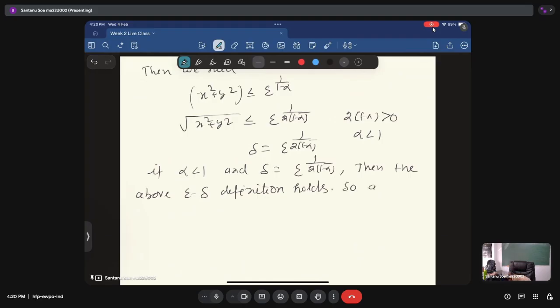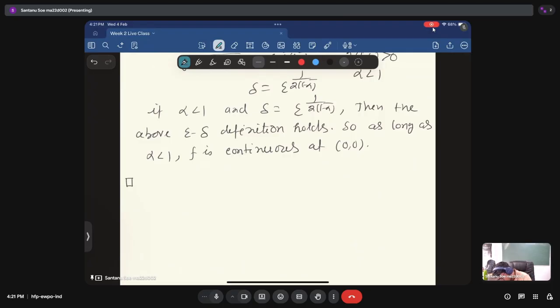So as long as alpha is less than 1, f is continuous at (0, 0). Okay. So now from here, can you say about differentiability that if alpha is less than 1, then f is also differentiable at (0, 0)? That we don't know yet. So we have to find out using the definition.